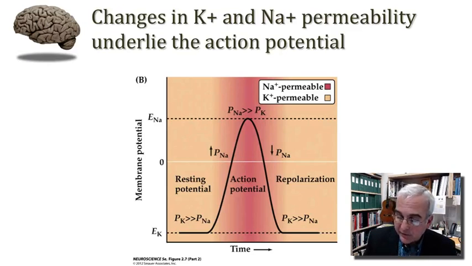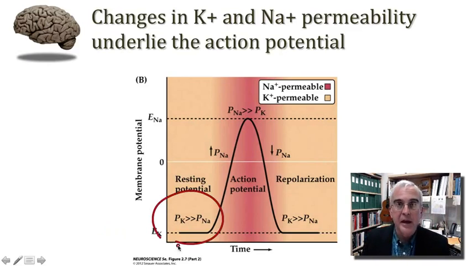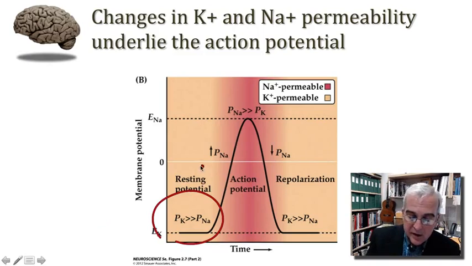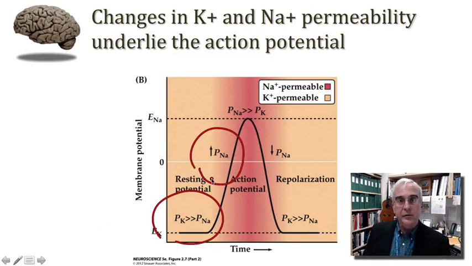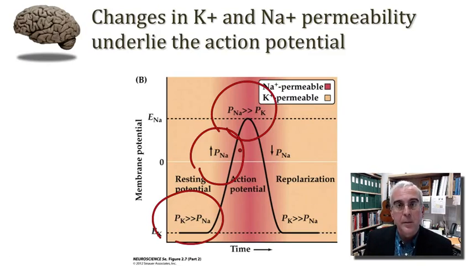It allows us to conceptually understand the resting membrane potential as being a state dominated by the leak conductance for potassium, the rising phase being a phase of action potential generation where there's an explosive increase in the permeability of the membrane for sodium, such that at the peak of the action potential, the membrane potential comes very close to the Nernst equilibrium potential for sodium, because the sodium permeability of the membrane is so much greater than any other ionic permeability.